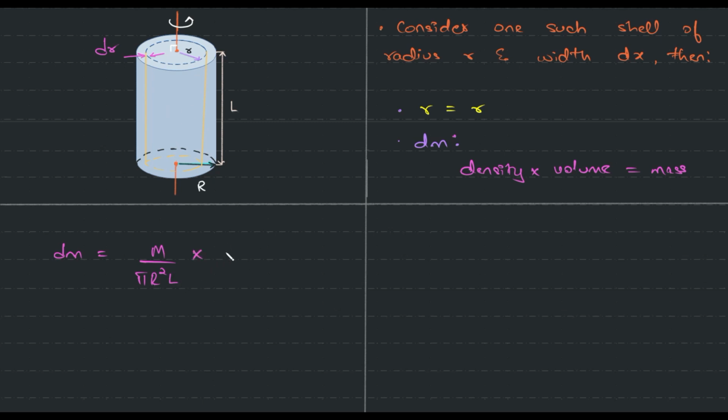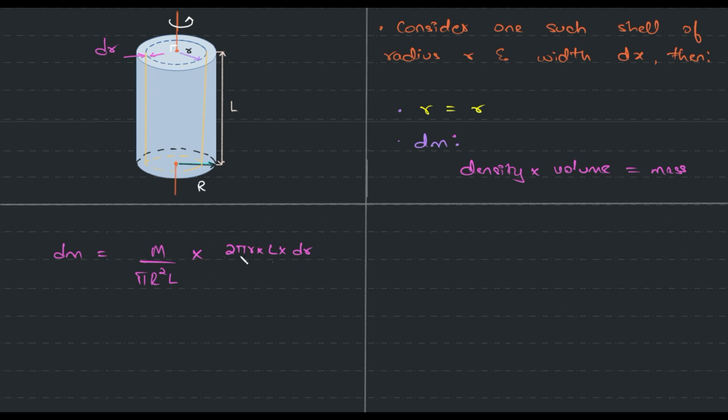It won't be pi r square, it would be 2 pi r times L times dr. This gives me the circle, added all along the length L, with a width of dr, and this gives the volume.